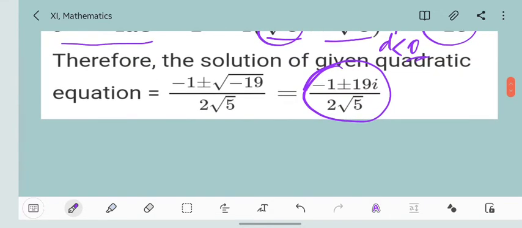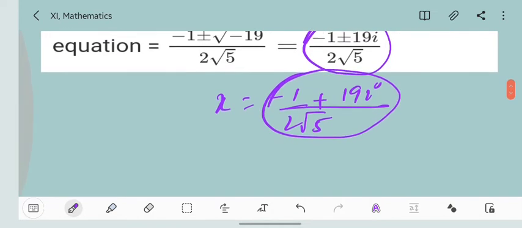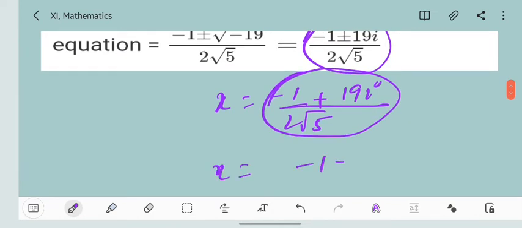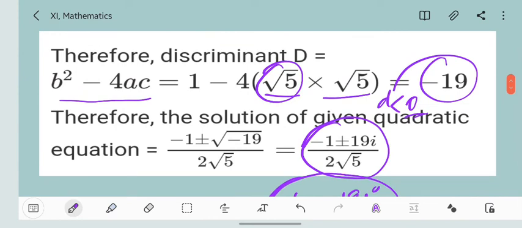The first one is x equals minus 1 by 2 root 5 plus 19 i by 2 root 5. And the second one will be x equals minus 1 minus 19 i upon 2 root 5. Right? That is 2a here, so 2 root 5.